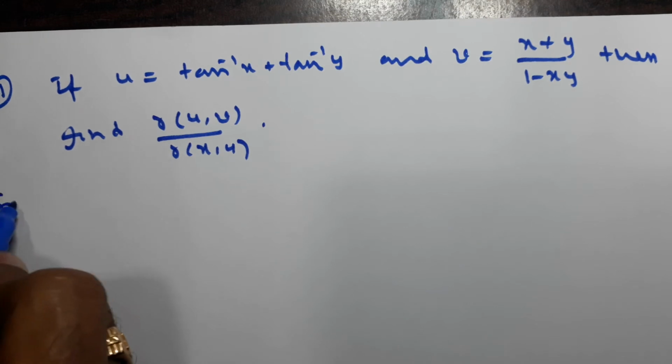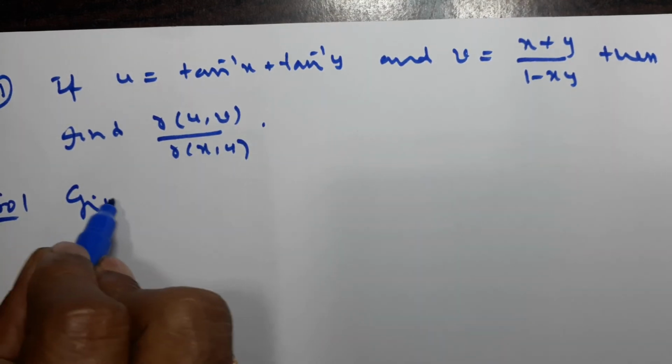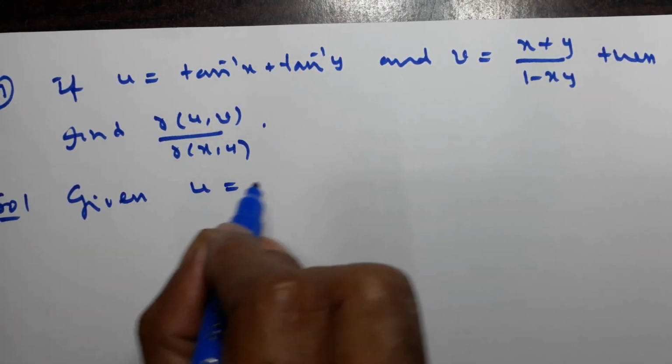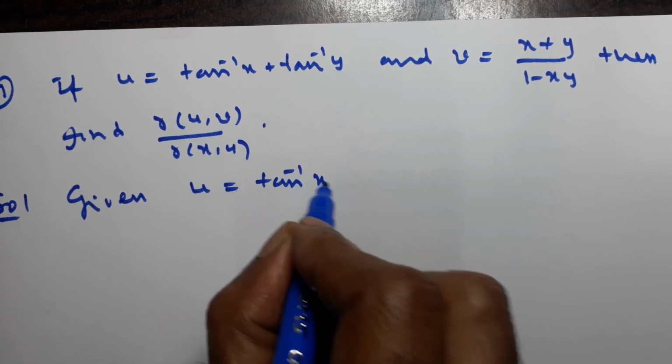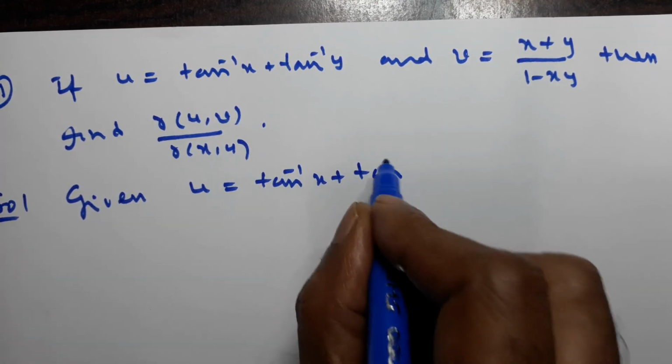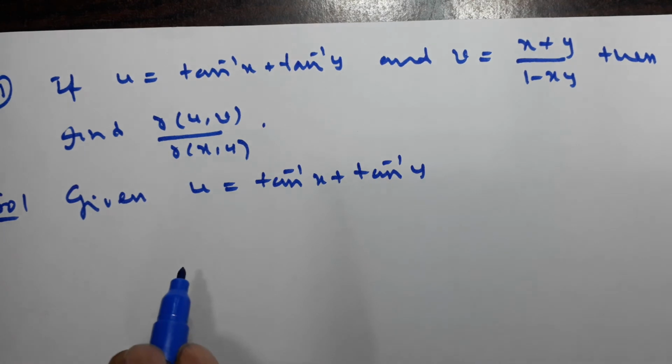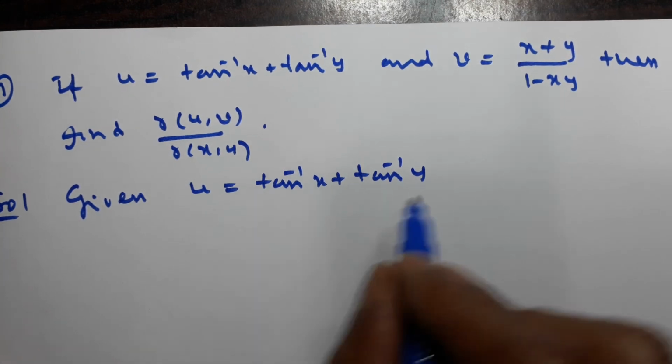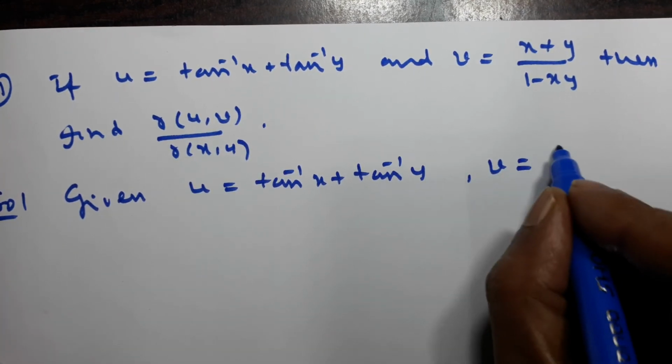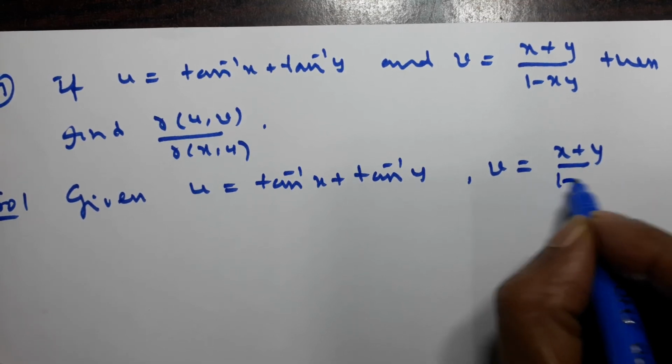Solution. As given, u is equal to tan inverse x plus tan inverse y, just only the partial differentiation of u with respect to x and y, comma v is equal to x plus y divided by 1 minus xy.